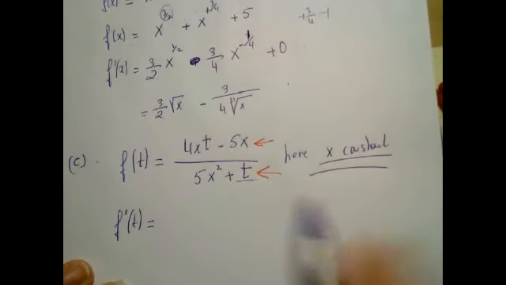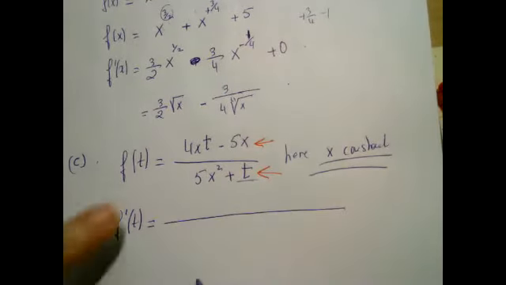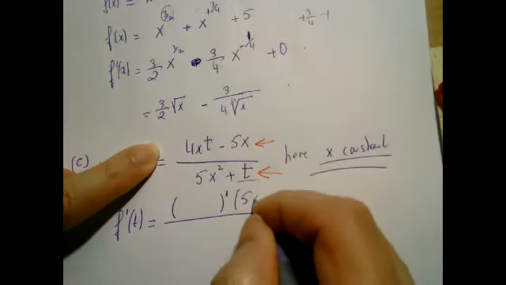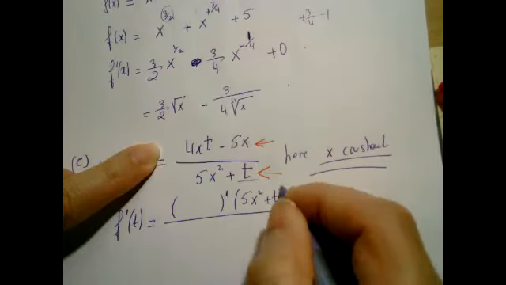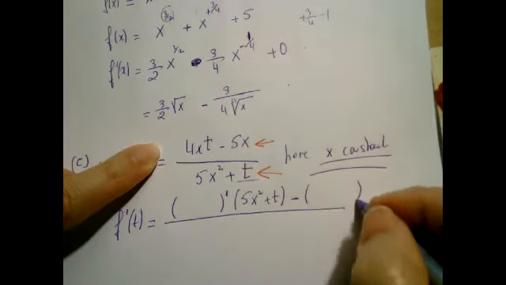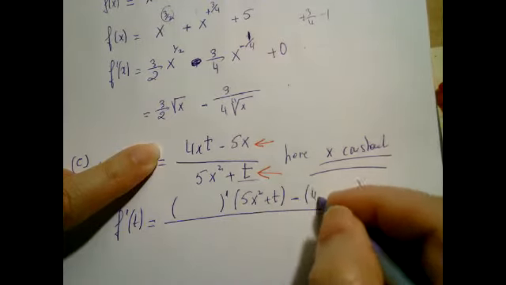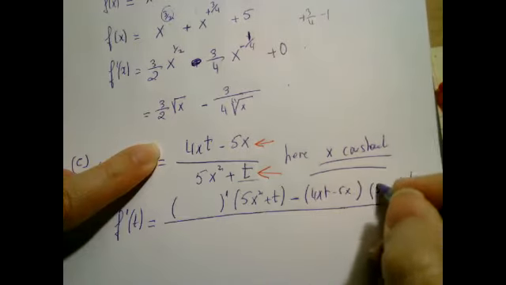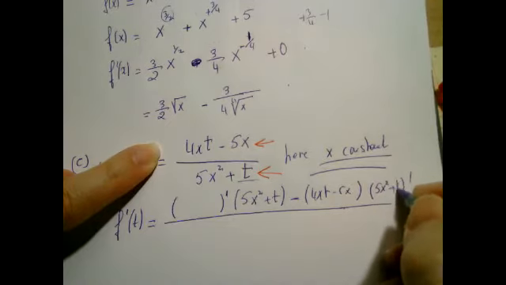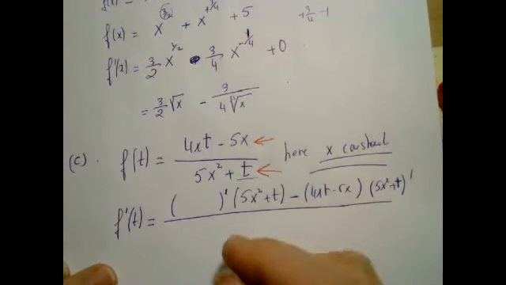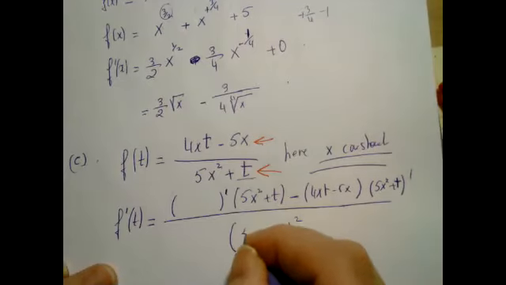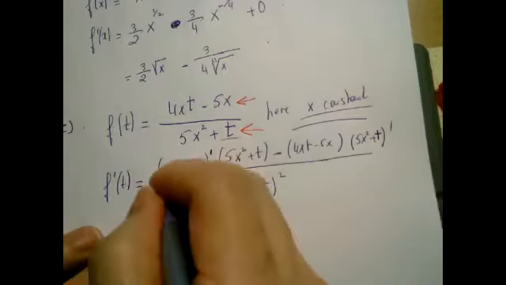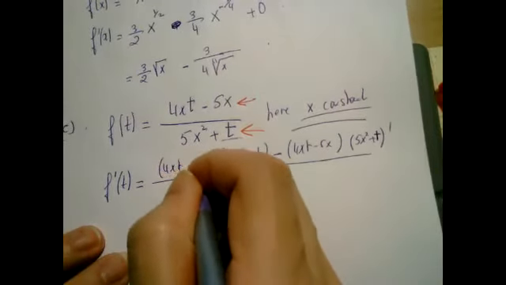So f prime equals the derivative of the numerator times the denominator, minus the numerator times the derivative of the denominator, and the whole thing divided by the denominator squared. Sorry, the numerator is 4xt minus 5x.